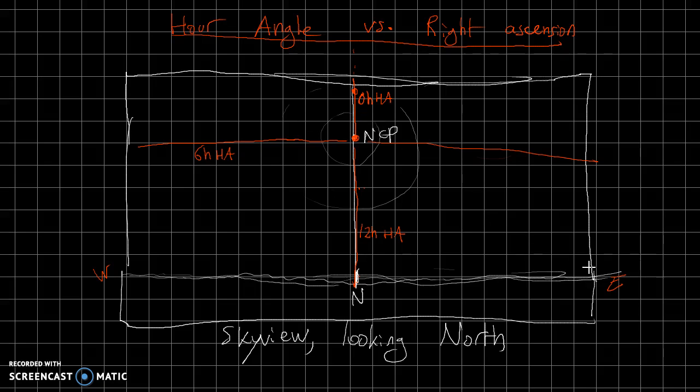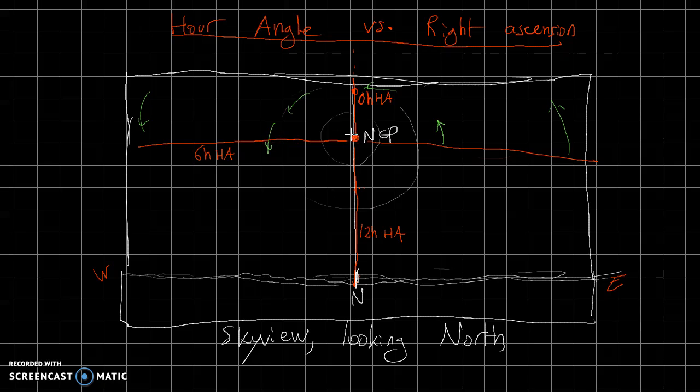And I know that stars would rise up from the east, rotate counterclockwise, looking north, and set near the west. So here like this, right? So I know that from 0 hour, it will take 6 hours to reach the 6 hour angle. Again, 6 sidereal hours, so a little bit less than 6 hours on your clock.